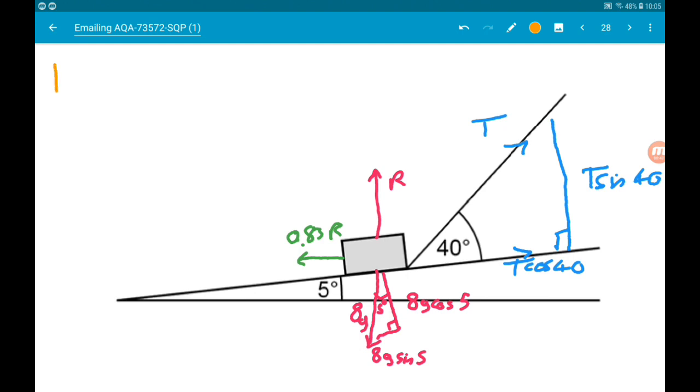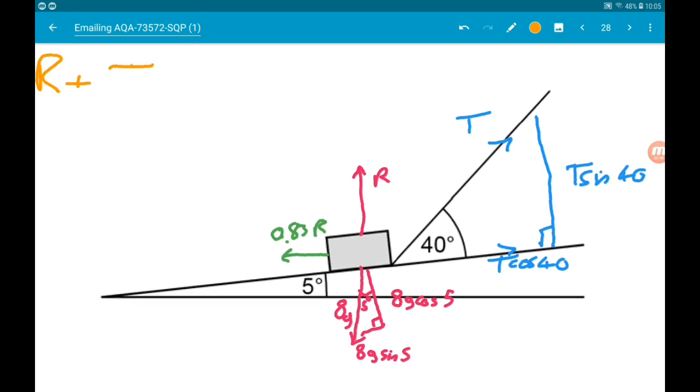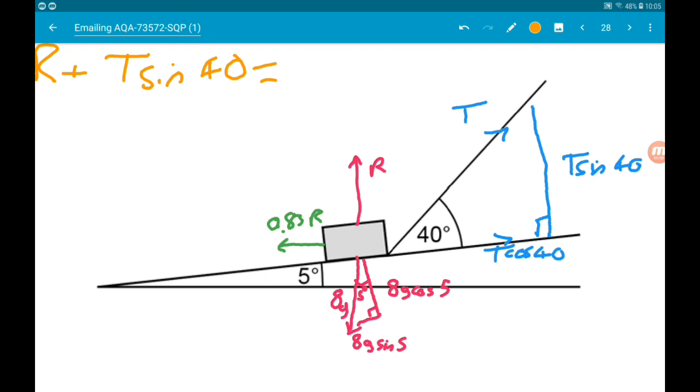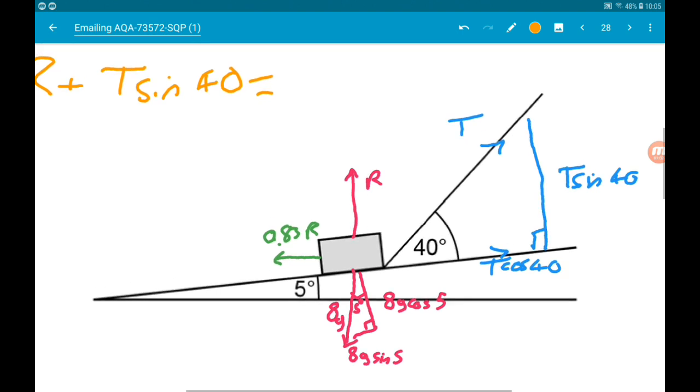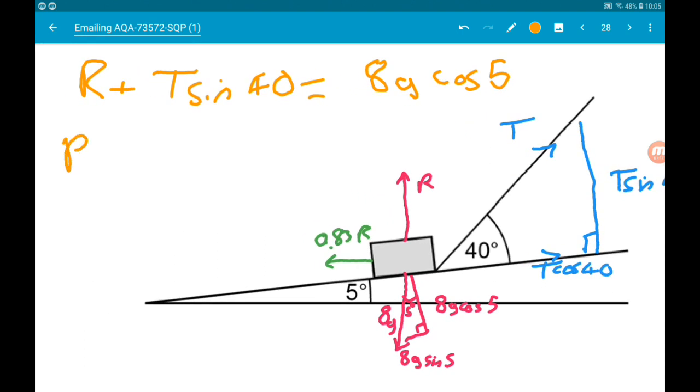So we know that R add T sine of 40 is equal to 8g cos of 5, so we can get an expression for R. We can get that R is, well, 8g cos of 5 is 78.1, so we got 78.1 minus T sine of 40.